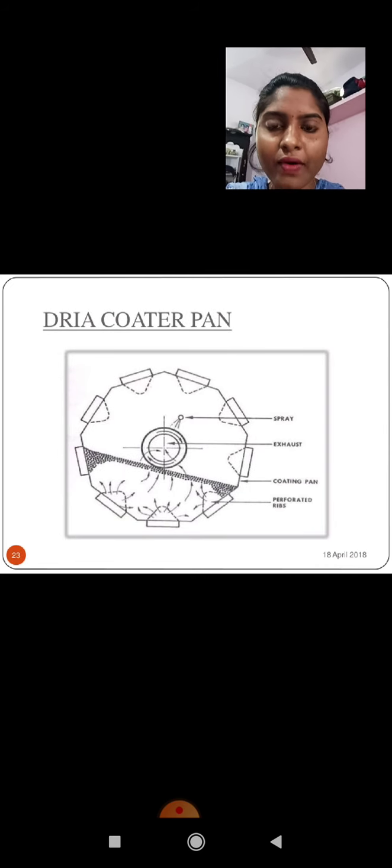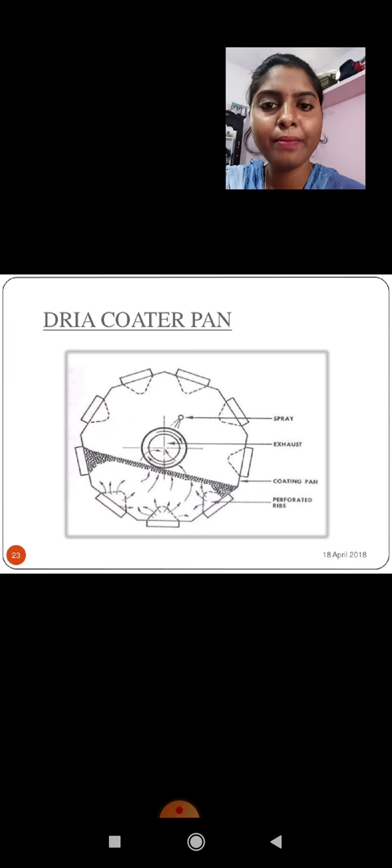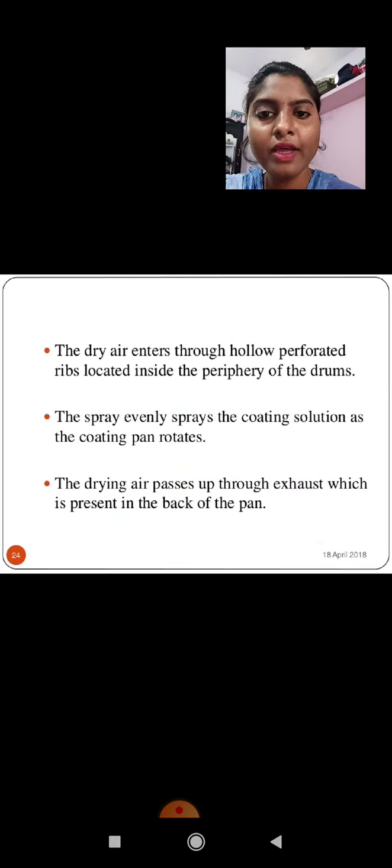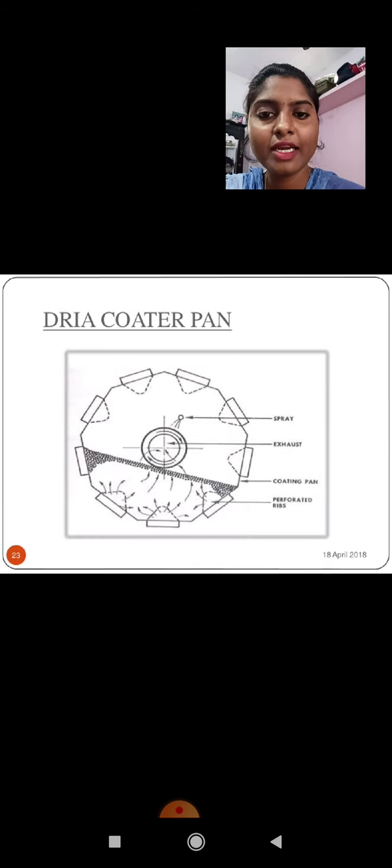This is a dry coater pan. This is a coating pan, this is the perforated rib, this is the spray nozzle, and this is the exhaust. Okay, these are the main parts of the dry coater pan. The dry air enters through the perforated ribs located inside the periphery of the drum.